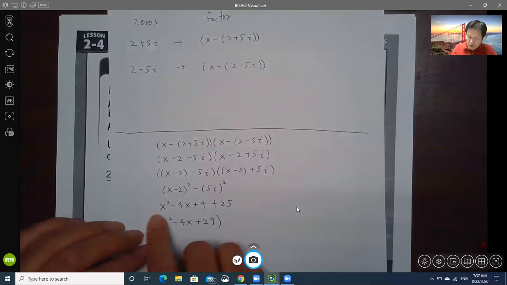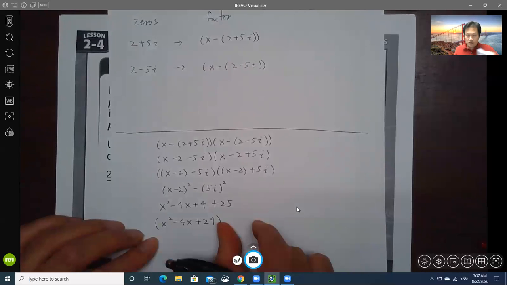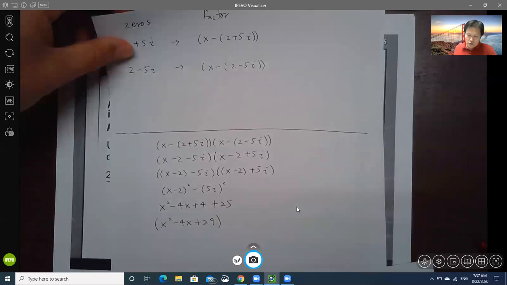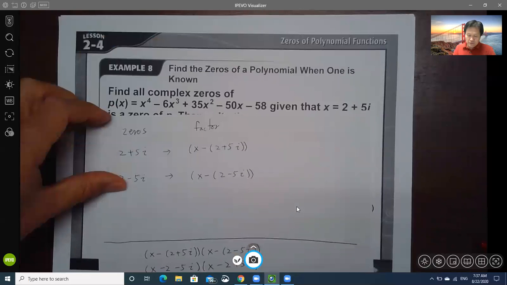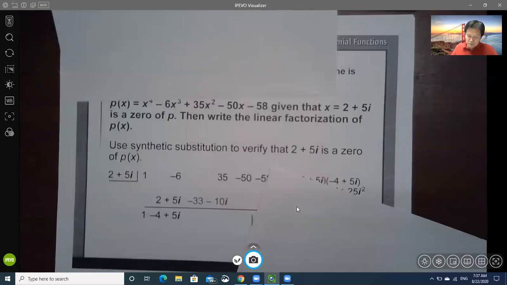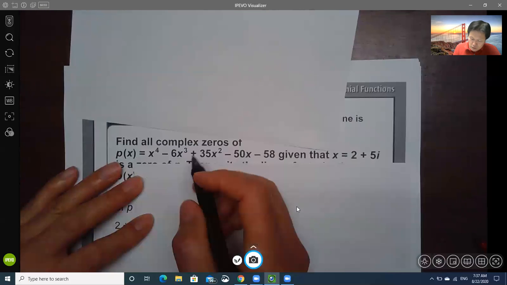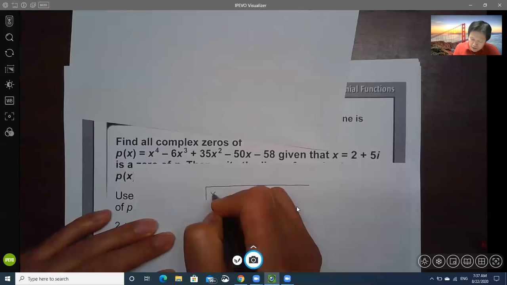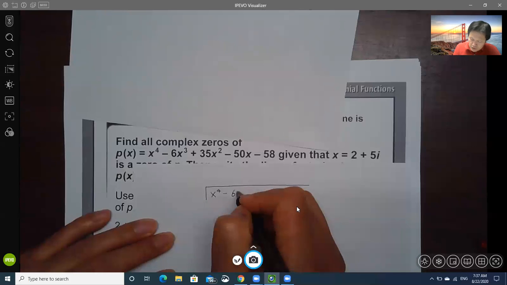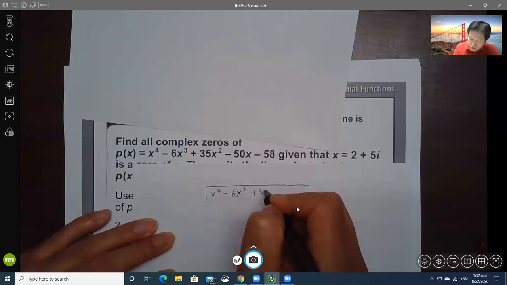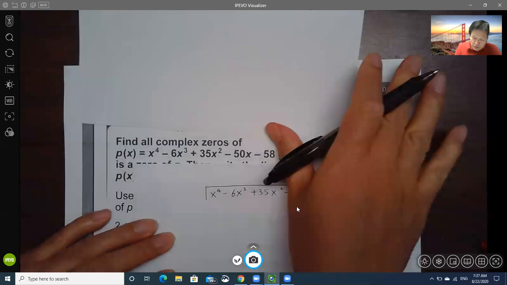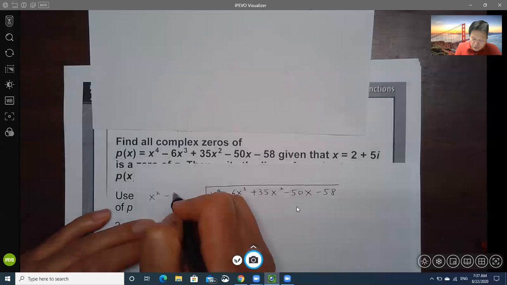Because this is a factor, there are some other factors there. So from the original equation, I can divide that by this. So you have x to the fourth minus 6x to the third plus 35x squared minus 50x minus 58, divided by x squared minus 4x plus 29.